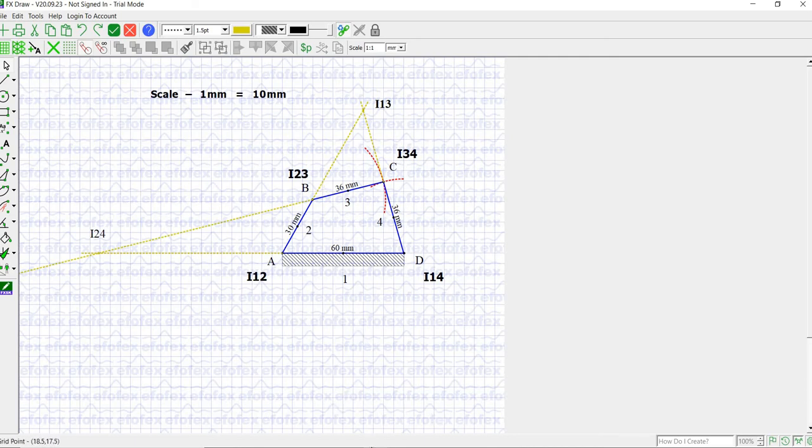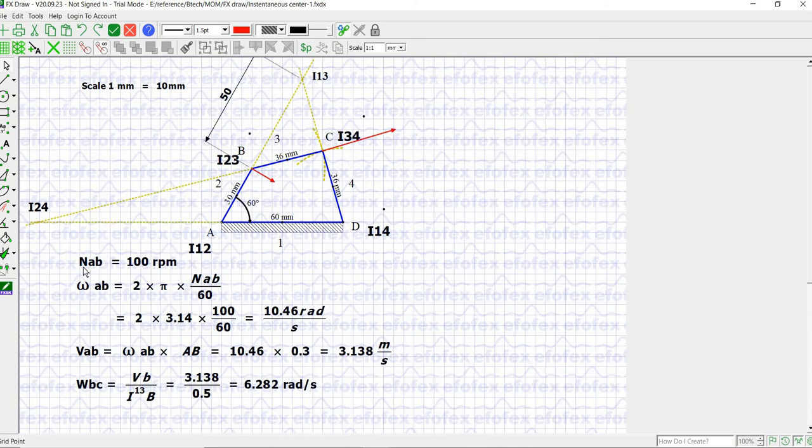So from there we will first find out the angular velocity of the crank, by using the formula 2 pi n by 60. Omega AB is equal to 2 pi n by 60, which is equal to 10.46 radians per second.